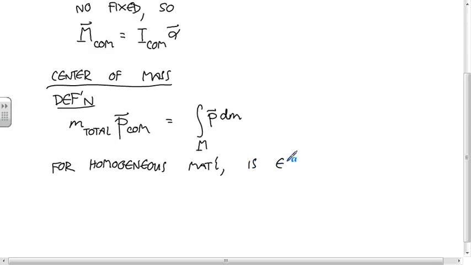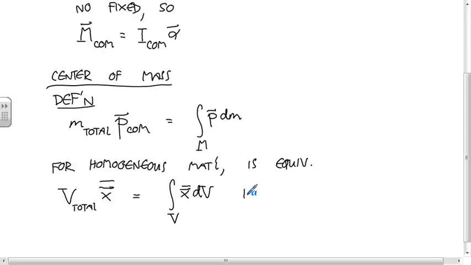This is equivalent to calculating the centroid. And the centroid, remember, we calculated as total volume times the centroid is equal to the integral over the entire volume of the location times dV.